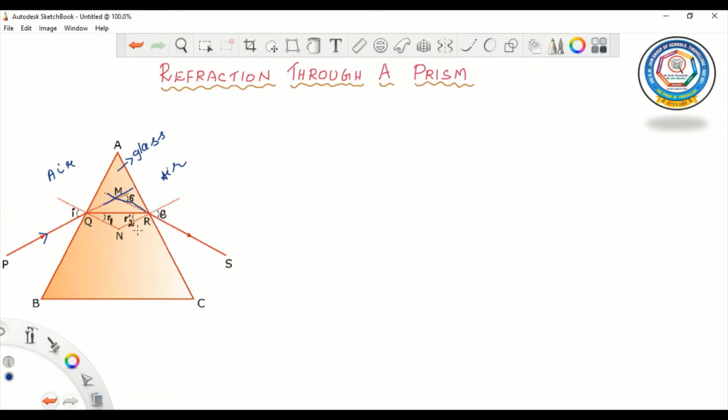Now, let us consider the quadrilateral AQNR.